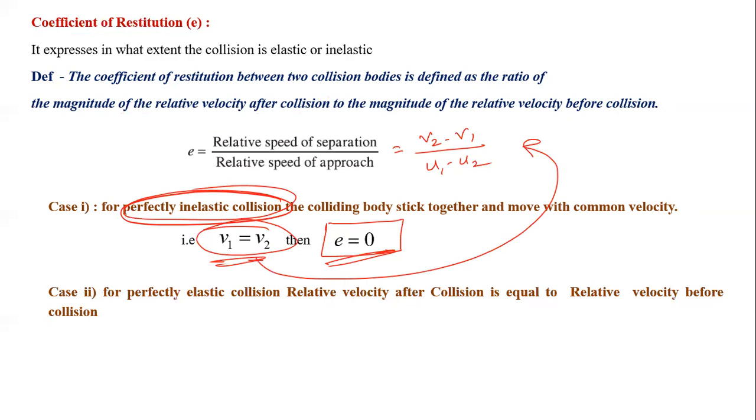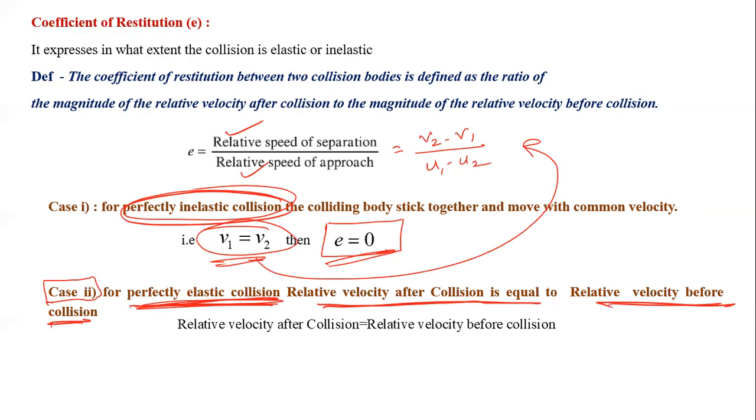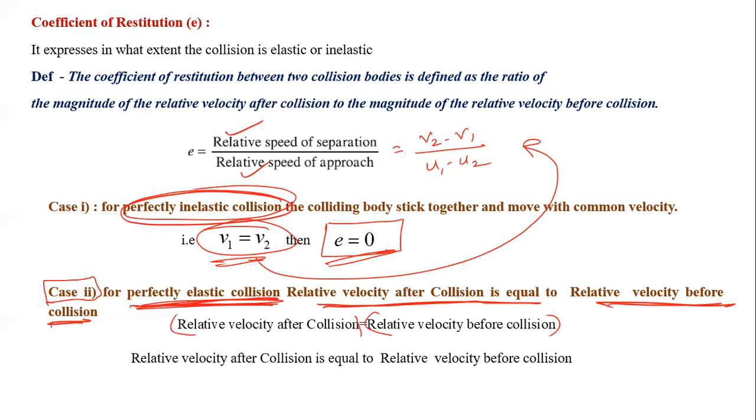Now case 2, for perfectly elastic collision. Relative velocity after collision is equal to relative velocity before collision. Means the relative speed of separation and relative speed of approach are both the same. So V2 minus V1 is equal to U1 minus U2.